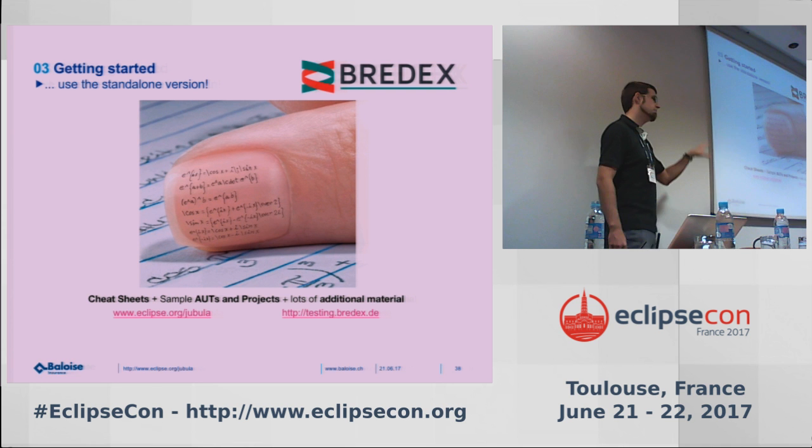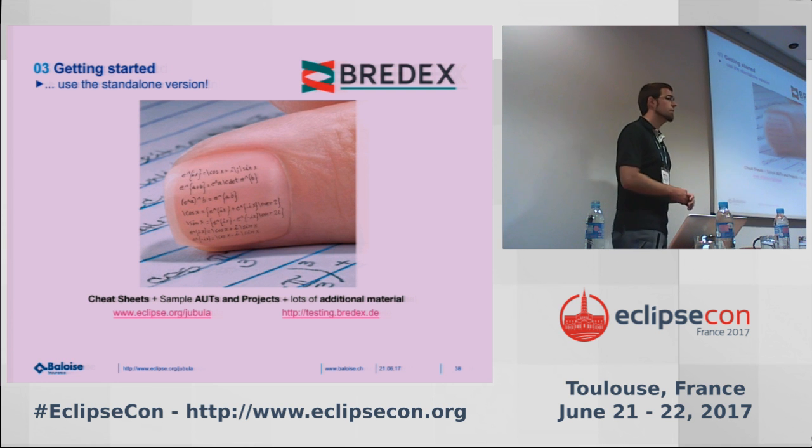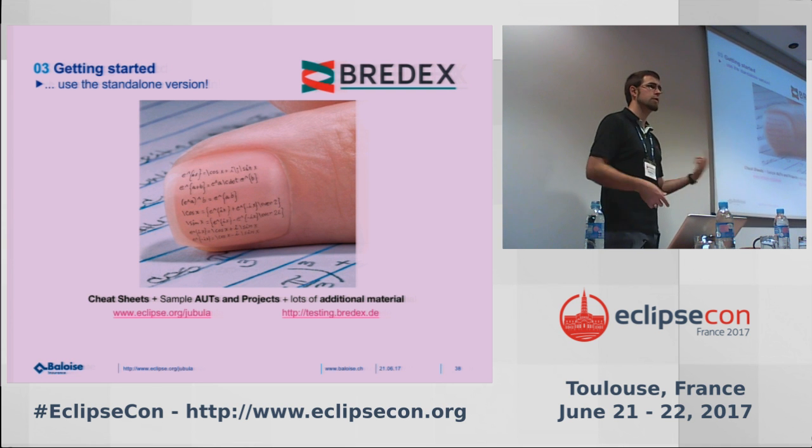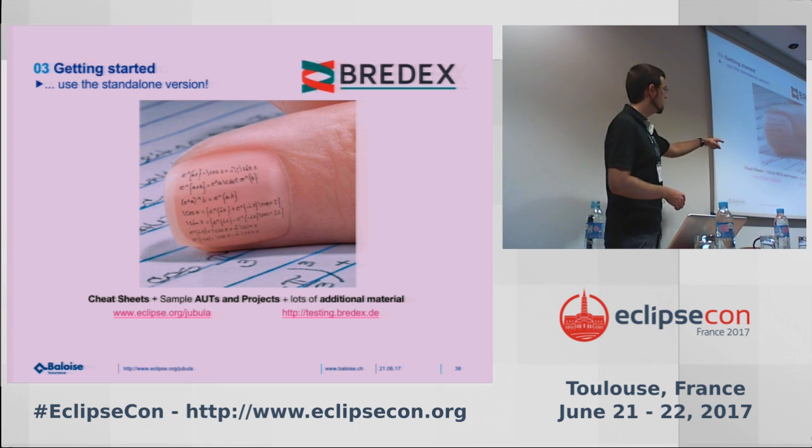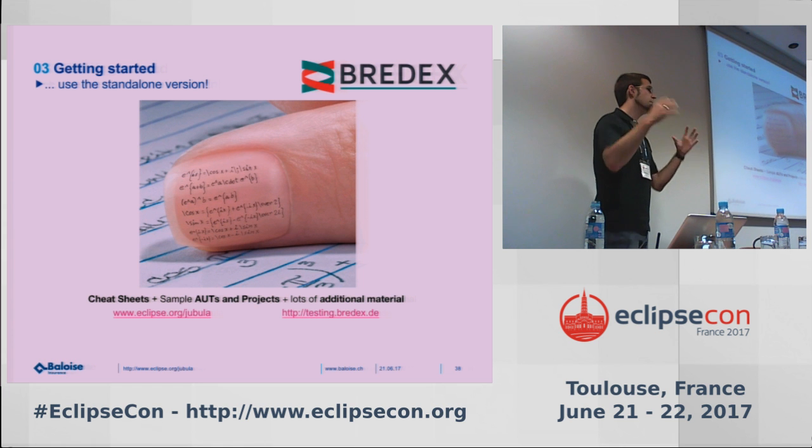So there are many repositories filled with different versions that we support. But I would nevertheless recommend using the standalone versions that you get from the homepage of my previous employer, testing.bredex.de. It's a full package where you get all of the examples, documentation, all of the tools, the AUT agent, and so on and so forth.